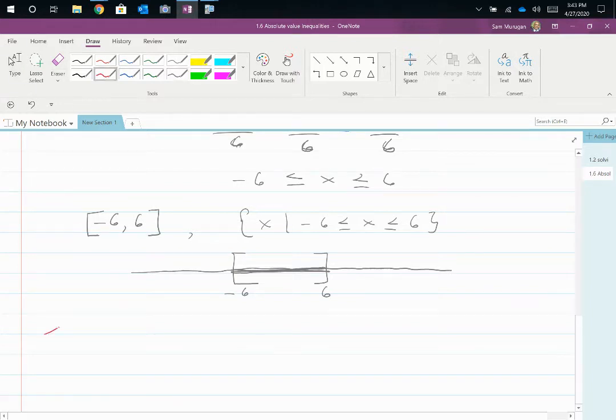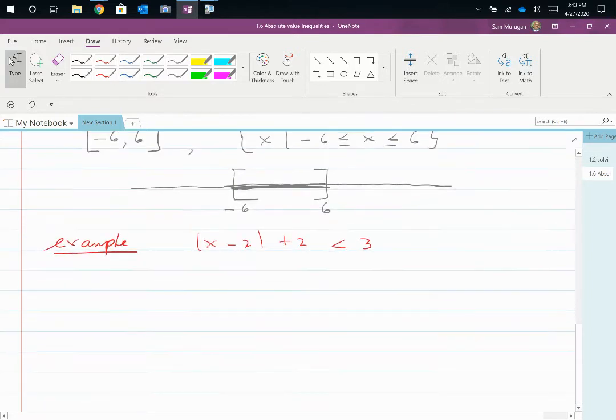Example, absolute value of x minus 2, plus 2, is less than 3. So you want to start by taking away 2 from both sides. This gives absolute value of x minus 2 less than 1.